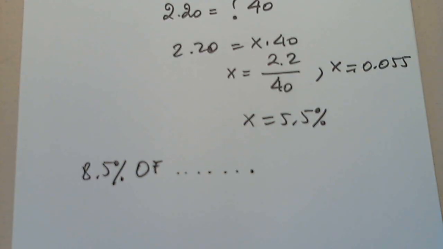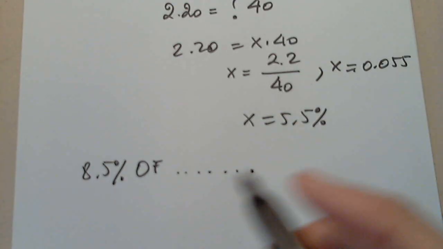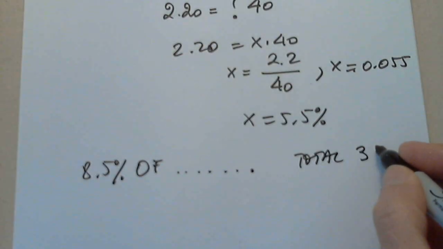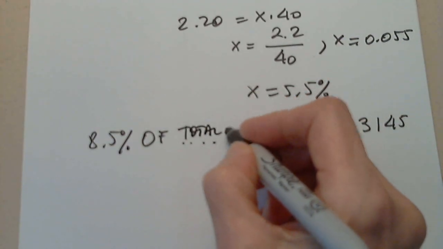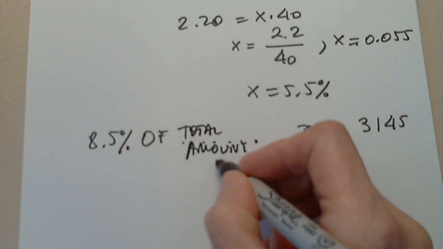He receives a commission of $3,145 from the sale of winter ski passes. So the total is $3,145. How many dollars worth of ski passes did he sell? So he is selling ski passes, and he has 8.5% of the amount of the sales, the total amount sold.